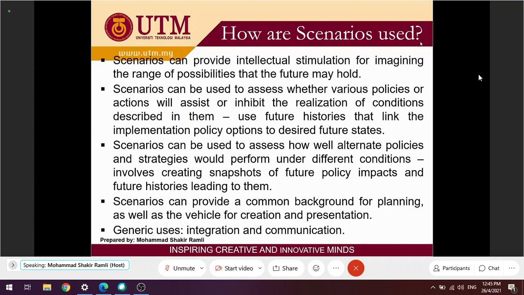Scenarios can provide a common background for planning, as well as a vehicle for creation and presentation. Like in the advertisement of the living style of a futuristic condominium, they sometimes include an indoor gymnasium and a luxury living style, sometimes including a Ferrari car, BMW car, and many others, just to show the background of the future planning.